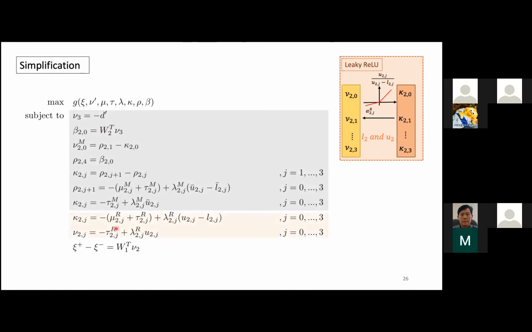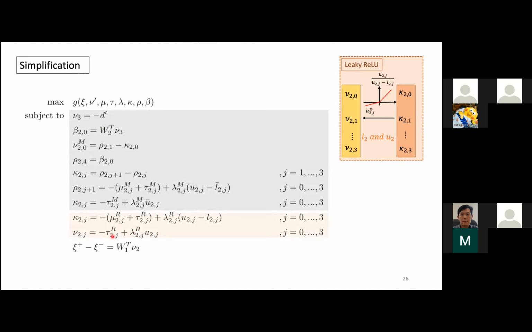So here we notice that in this origin constraint, the relationship between the kappa and the nu is like the relationship between the rho and the kappa, because these two forms are so similar.